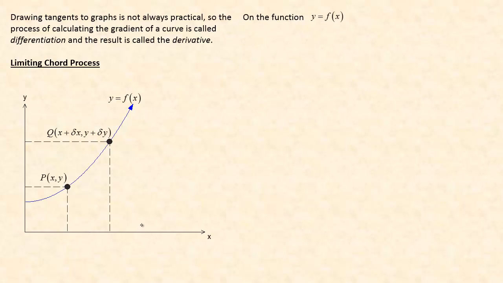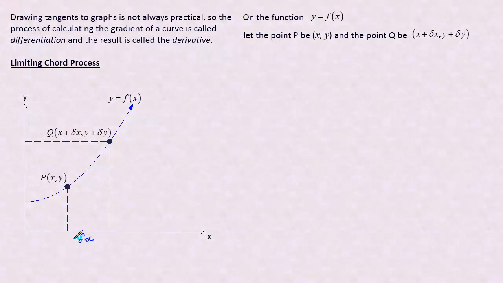So what we're saying is here, on the function y equals f of x, let the point P be x, y, and the point Q be x plus delta x, y plus delta y. So we're saying that this gap here is delta x, and then delta y is this gap just here.